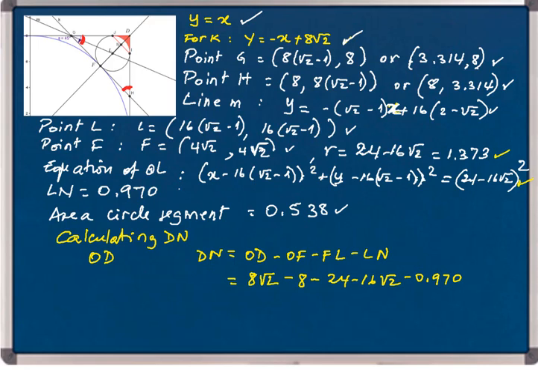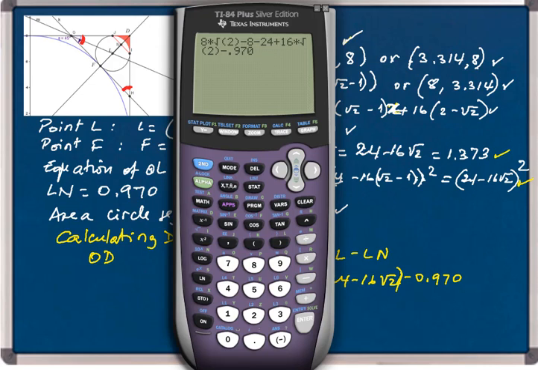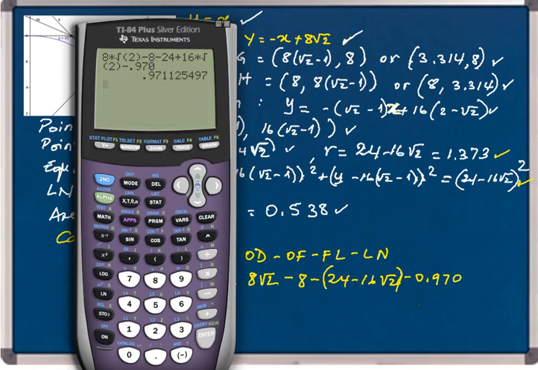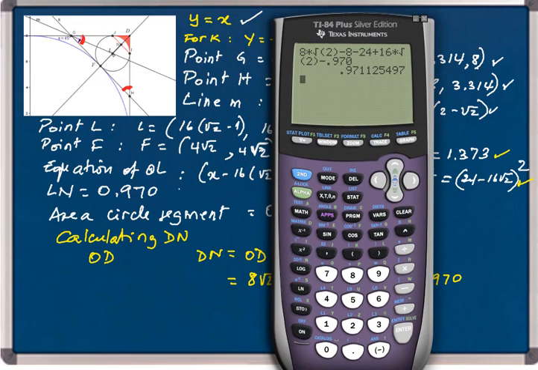Let's bring our Texas Instruments for that. All right, we have our data here now. Let's hit enter on that. So we got 0.971 as the height of our triangle here.